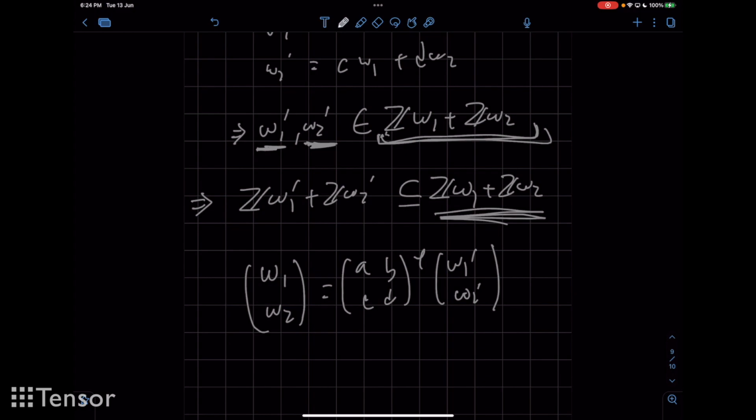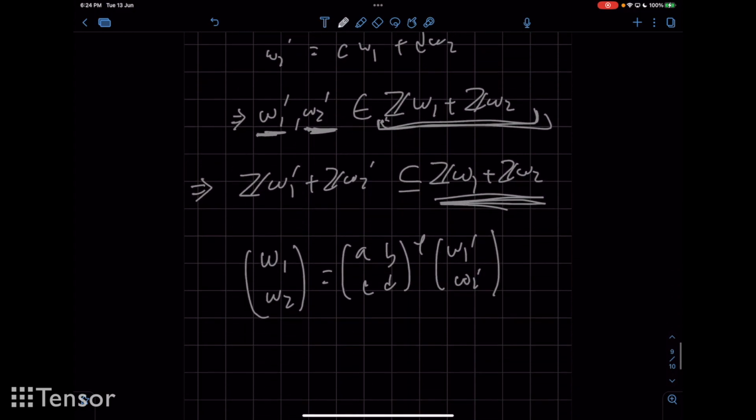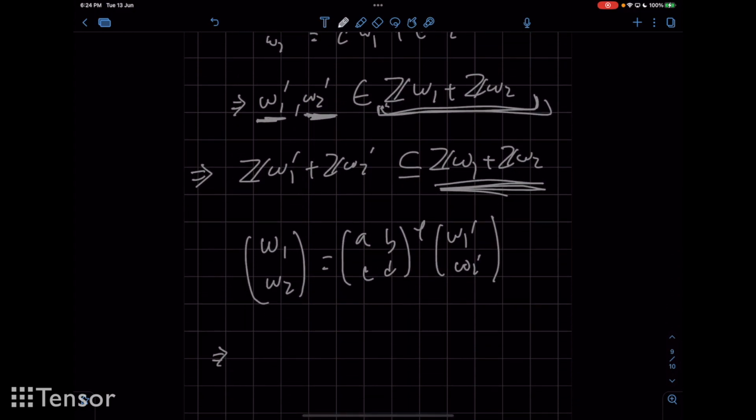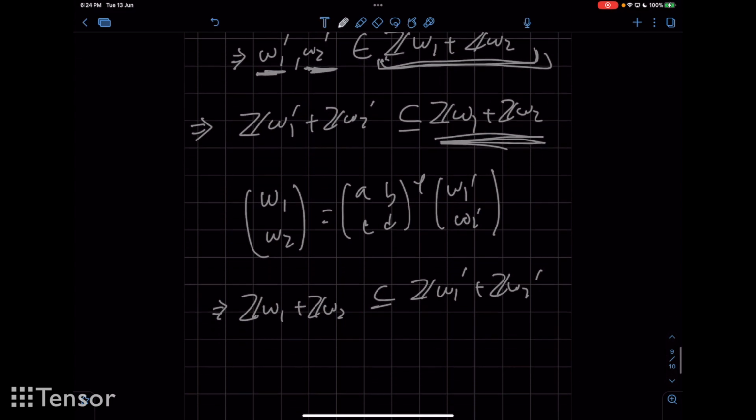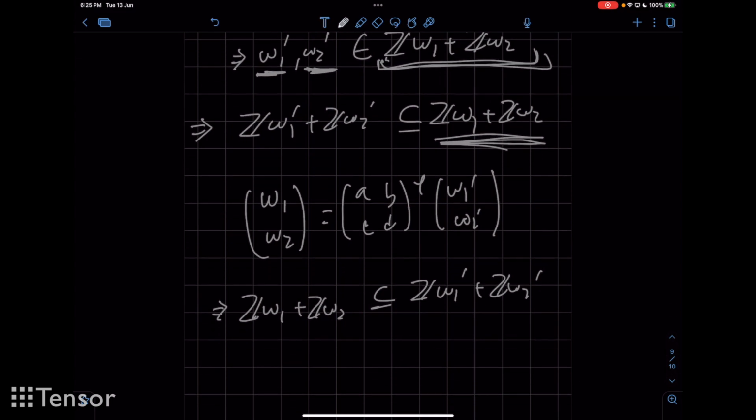Using a similar calculation, we can show that Z omega 1 plus Z omega 2 is a subset of Z omega 1 prime plus Z omega 2 prime. So using these two, we have proved that the two lattices are equal.